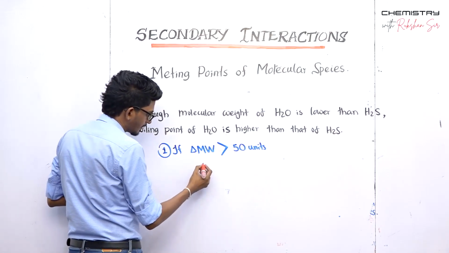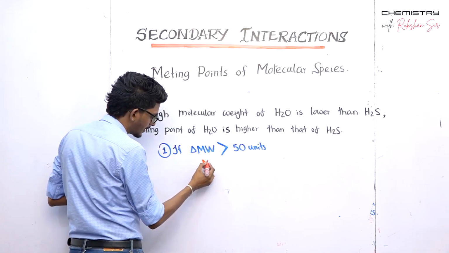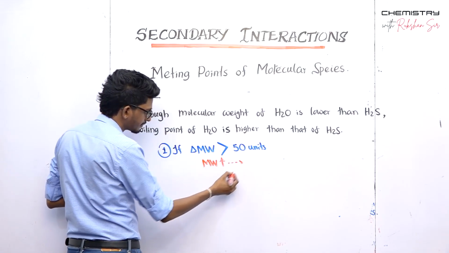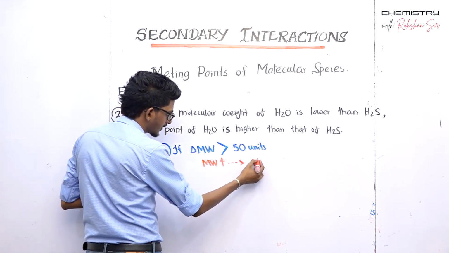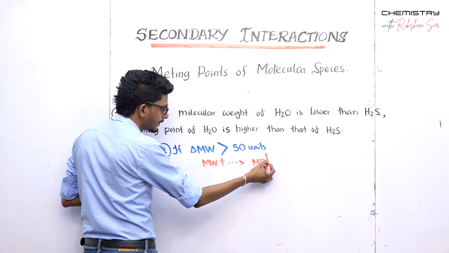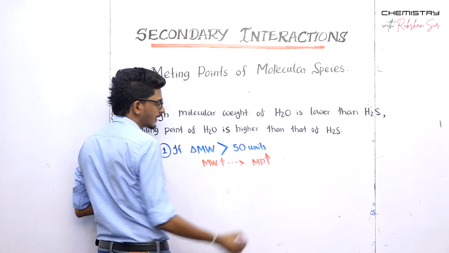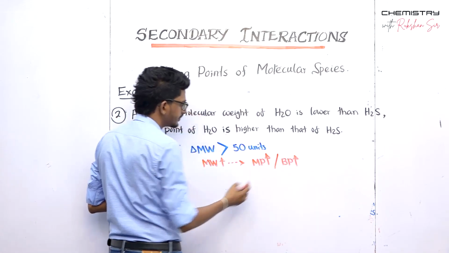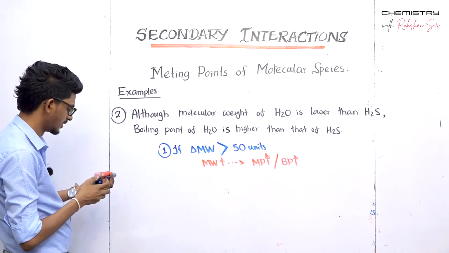Then the species with the greater molecular weight has the greater melting point or greater boiling point. That is the idea.